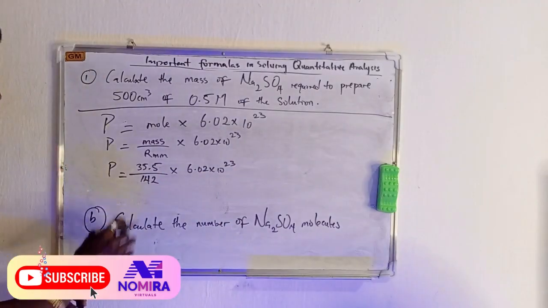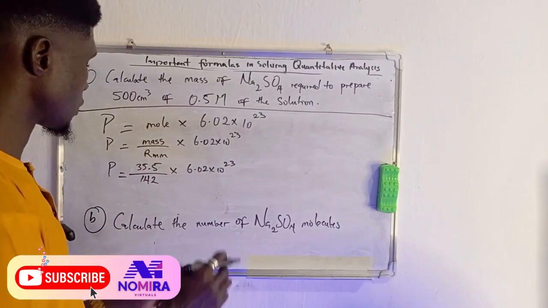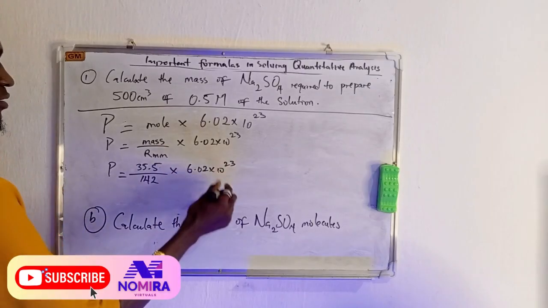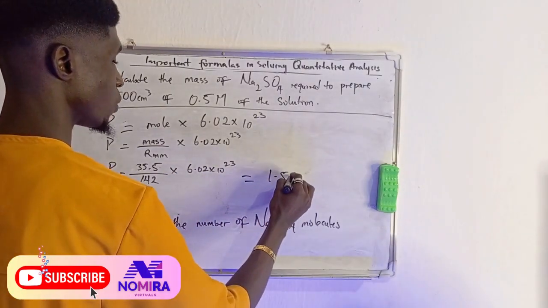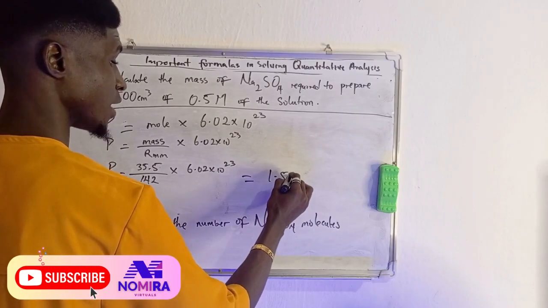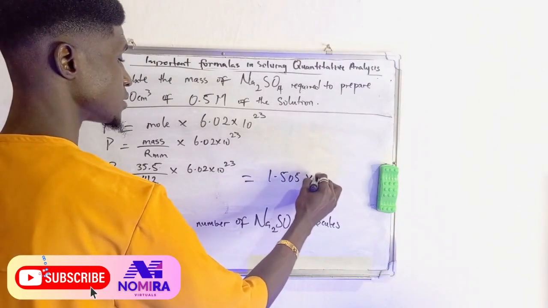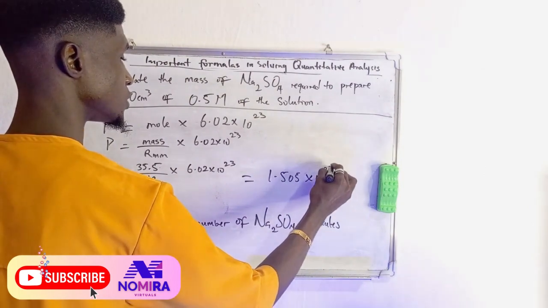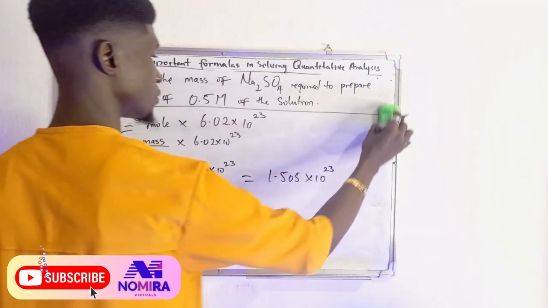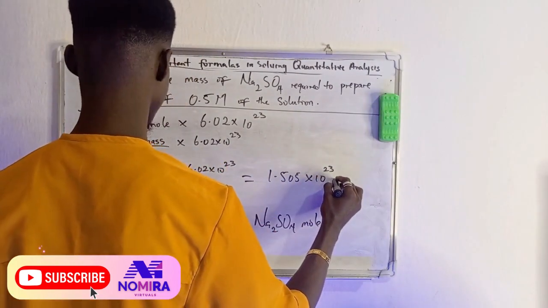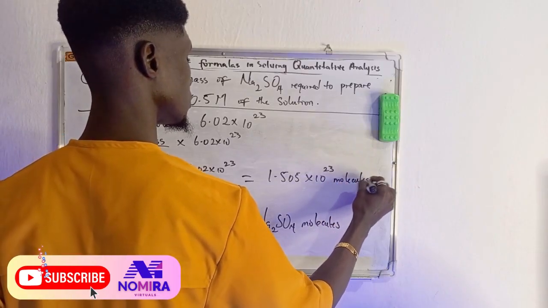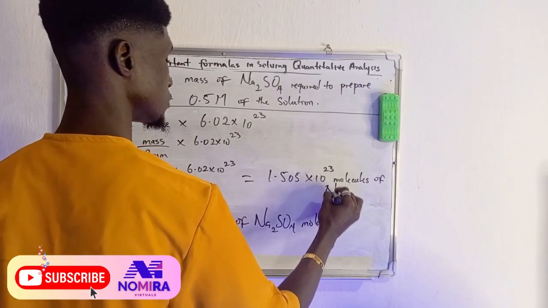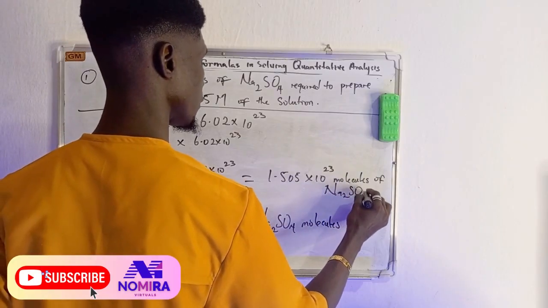When you do this, it should give you something like 0.25 times this. Your final answer should be 1.505 times 10 raised to the power 23 molecules of sodium sulfate.